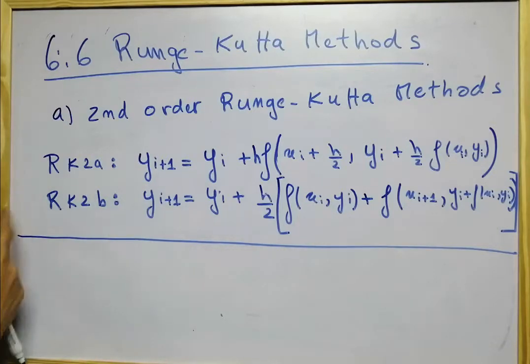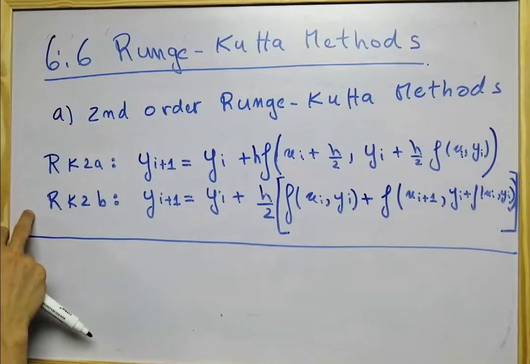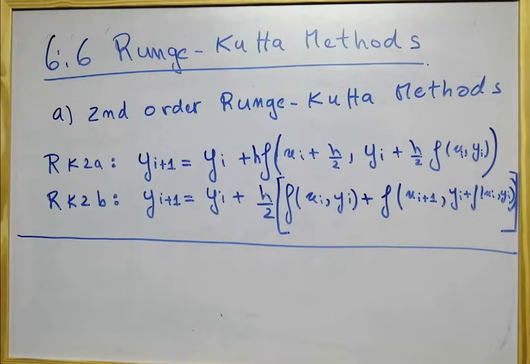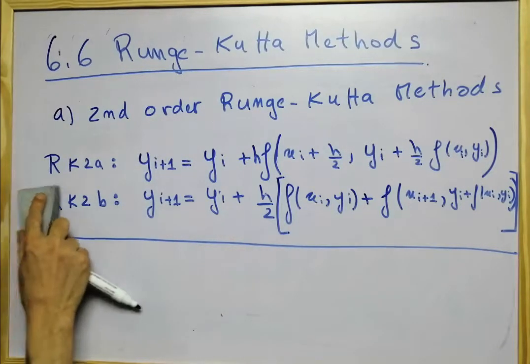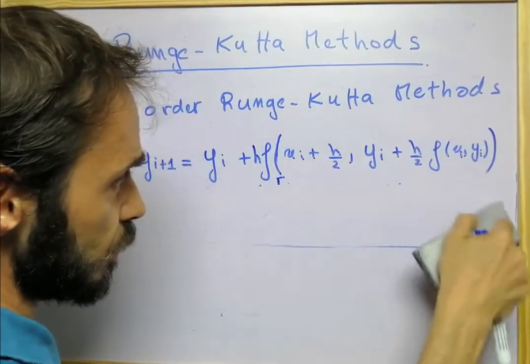One is derived from the midpoint approximation, and the other one is derived from the trapezoidal method with an additional approximation. Okay, let's start with the RK2A, and see how we can derive this expression here.